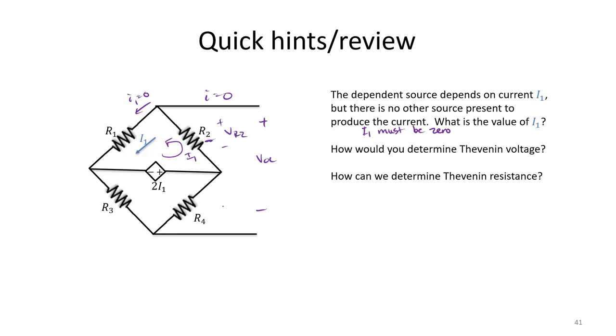And similarly, if there's some current flowing in this lower portion of our circuit, we can determine what the voltage might be across resistor R4. And so if we can determine the voltage when walking across from one end of our circuit to the other, we can determine what that open circuit voltage will be.